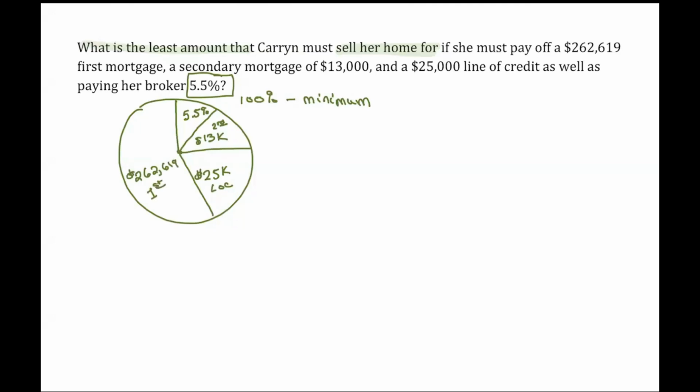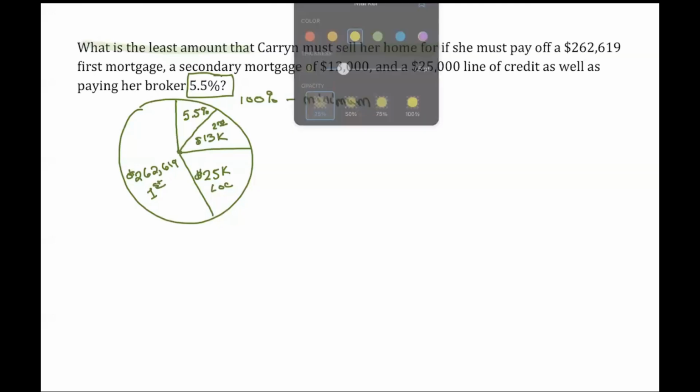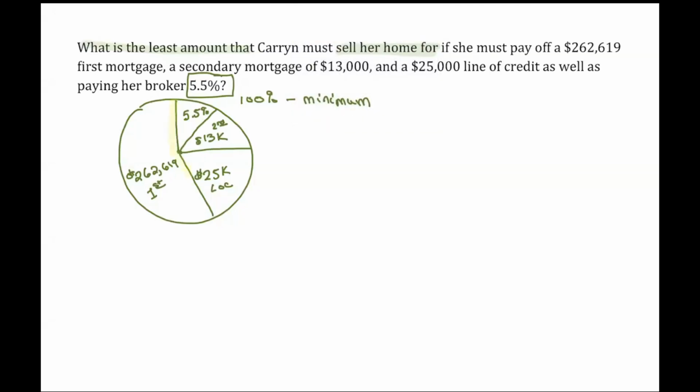So all of these things together, you have to add them up. All of this doesn't represent 100% of what she needs, but it is the majority of what she needs. At this point, what could we do? We know that we don't want to find 5.5% of 262.